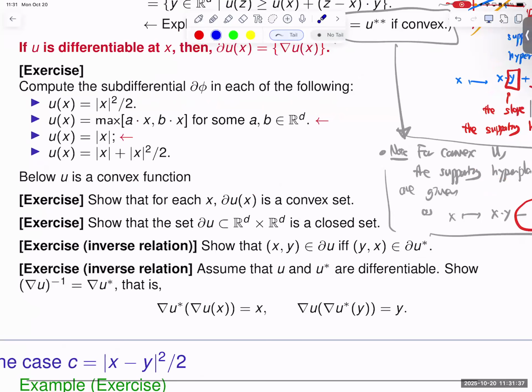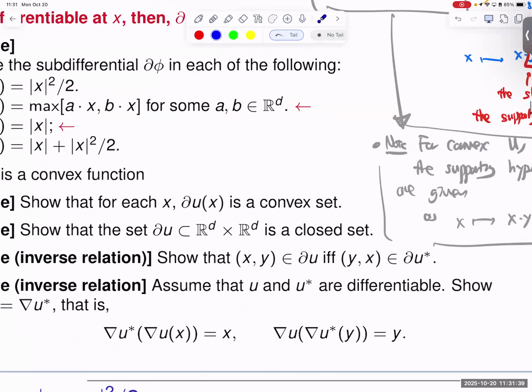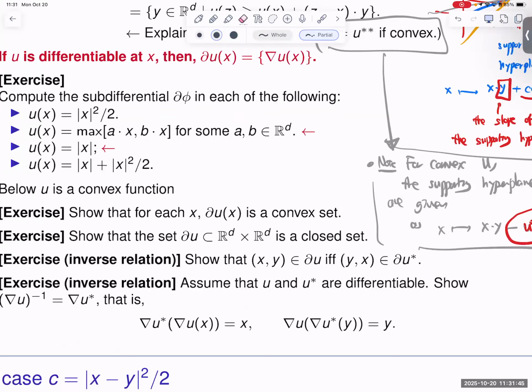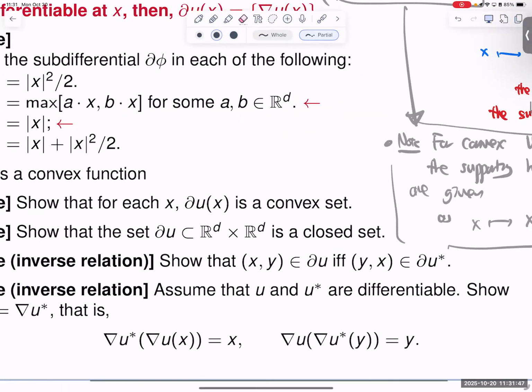Here comes an interesting part. Remember, if phi is a c-transform of psi and psi is a c-transform of phi, then their c-subdifferentials are equal, the same set in the product space.